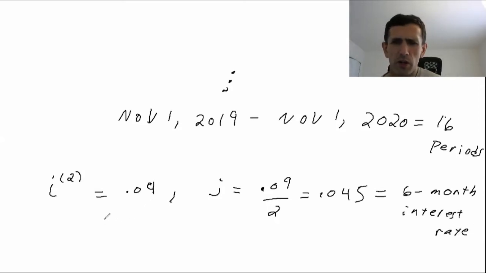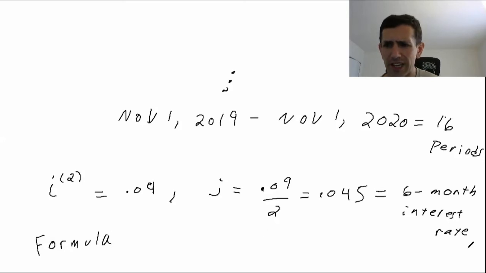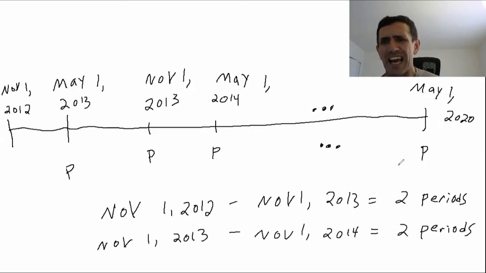Okay, so let's use our formula. And I just want to again emphasize we are in exactly the annuity immediate situation here. The way we set up the timeline, we have 16 payment periods, and at the end of each period, we make a deposit, we make a payment.